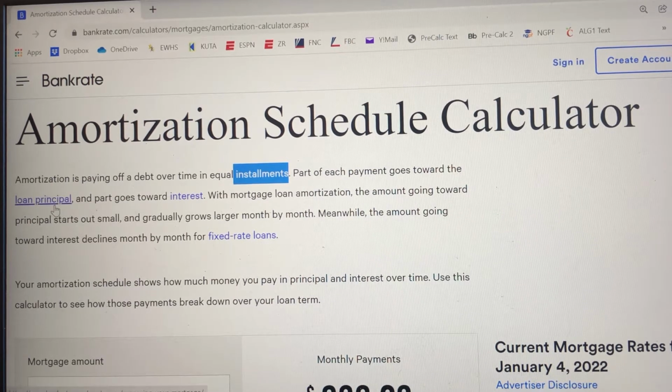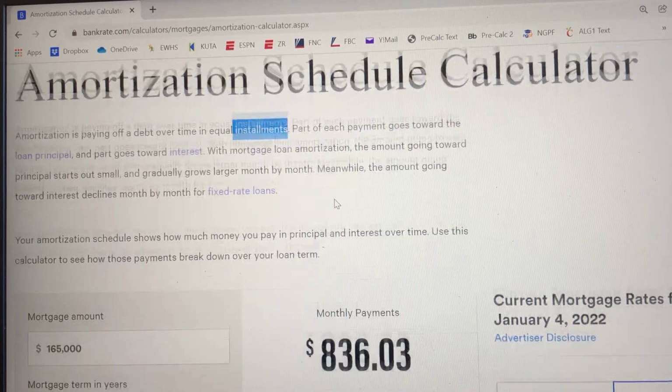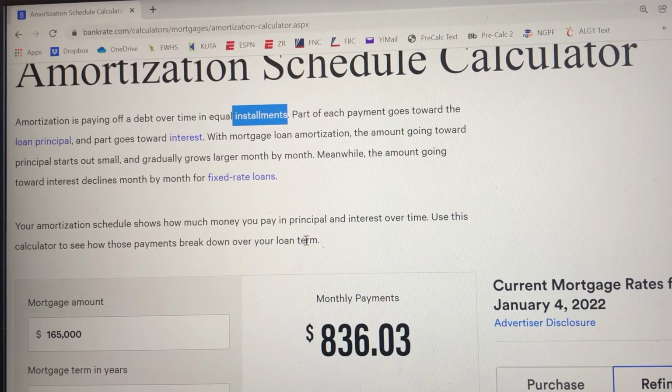In the end, that interest is decreasing with each payment, and you're paying more towards the principal. The schedule is usually provided to you by whoever's financing your loan, whether it's a bank or a financing company. You'll be able to see that amortization schedule, or you can use this website and figure that out.